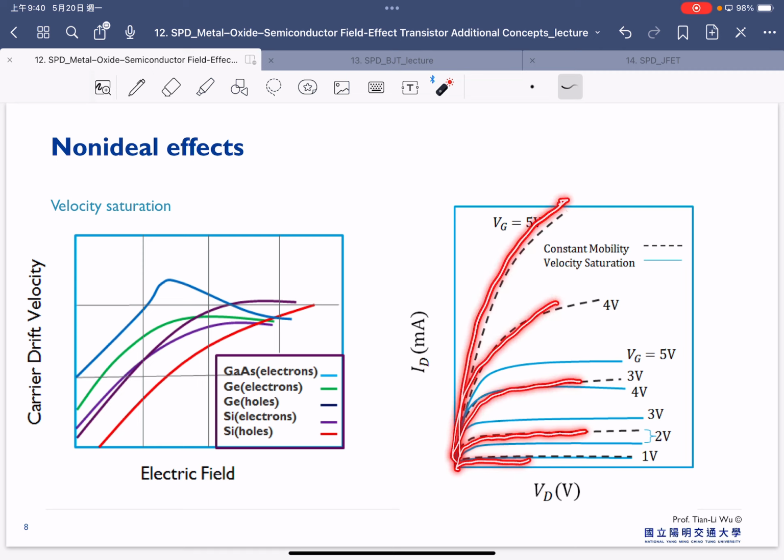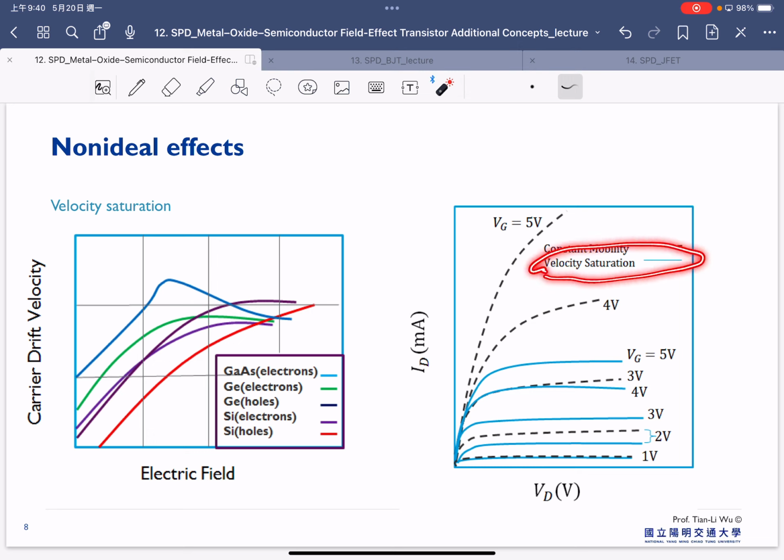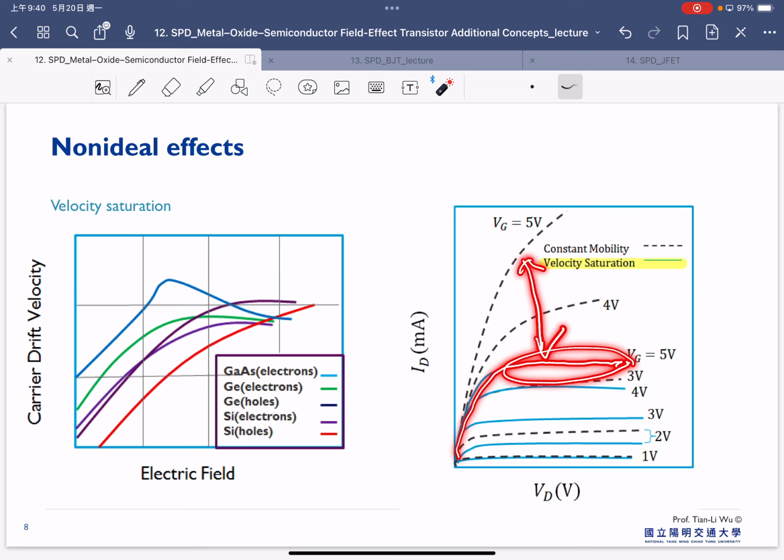But once we consider velocity saturation, we start to see that the current cannot increase as fast as we expect. So this is one example, a case under velocity saturation. This is at 5 volts, and there is a huge difference between the constant mobility case and the case with velocity saturation.